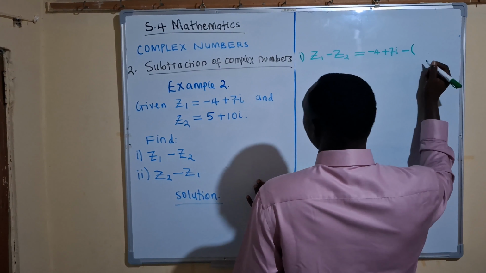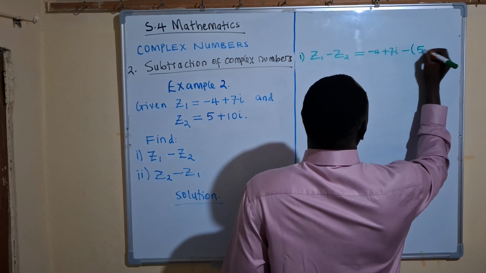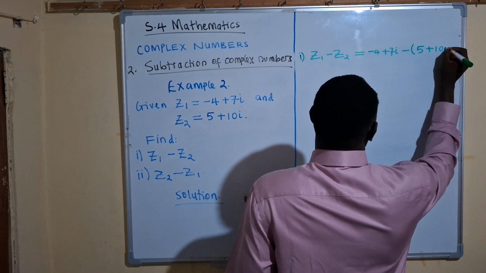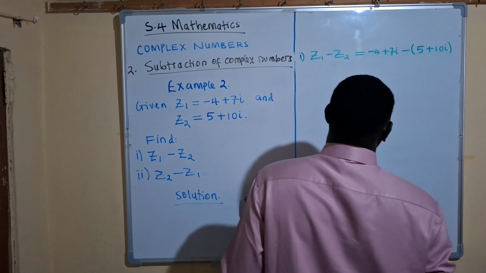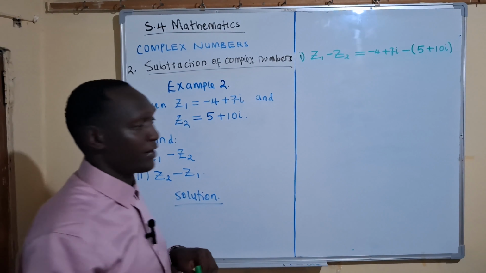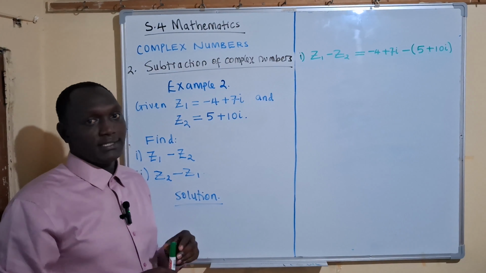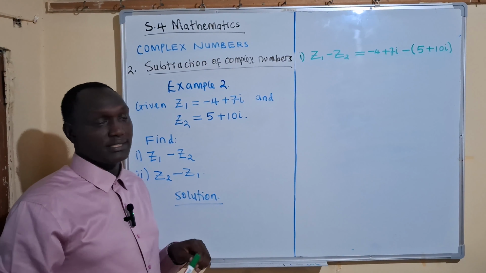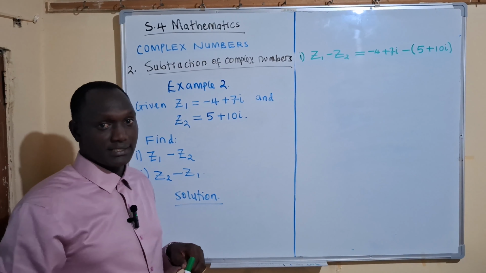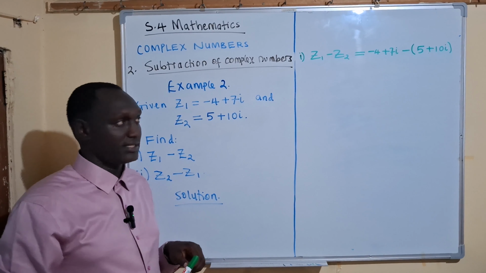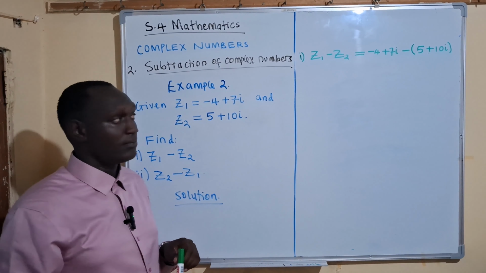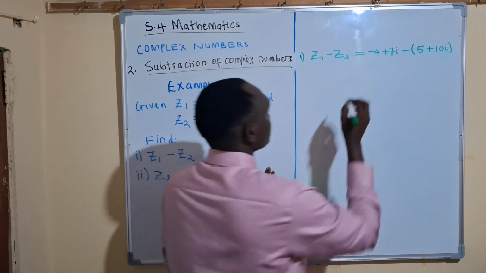So minus open bracket, you put 5 plus 10i. The moment you are subtracting, you put it in the brackets. If you are adding, you may not necessarily use the brackets, for they make no difference. But in subtraction, brackets contribute a lot.